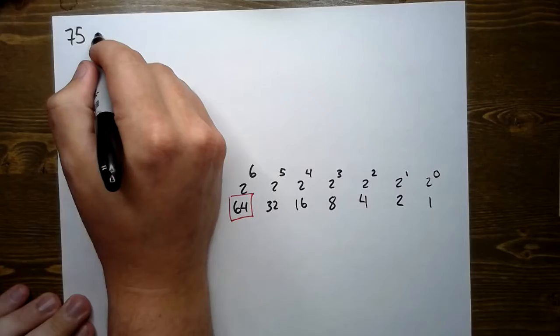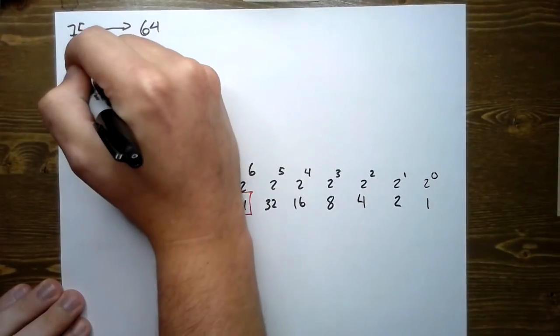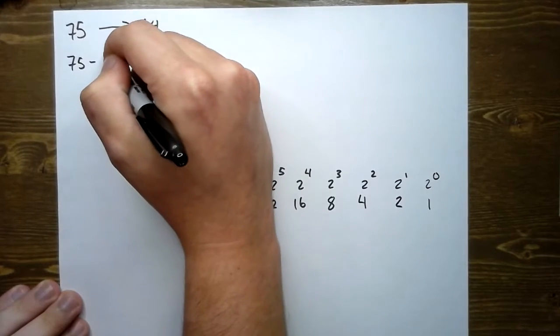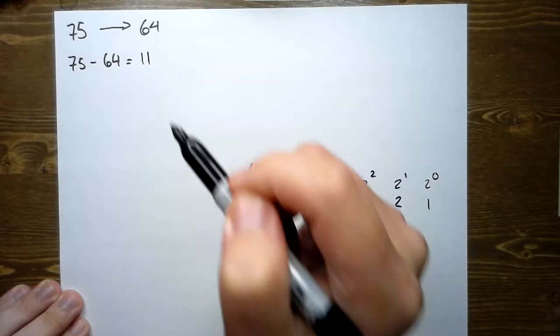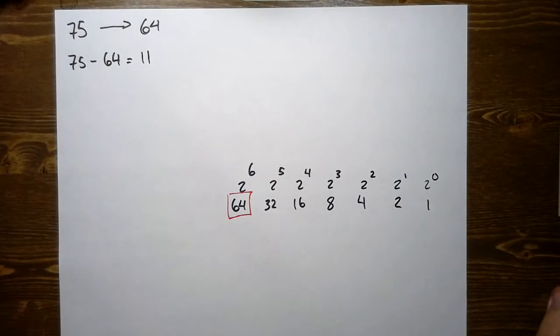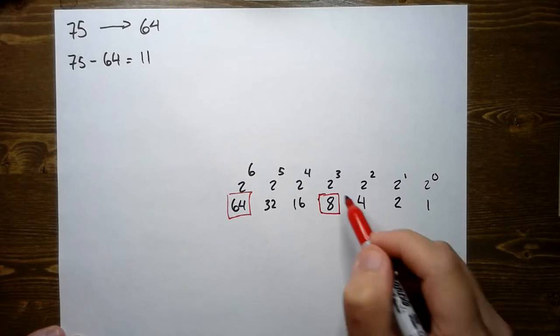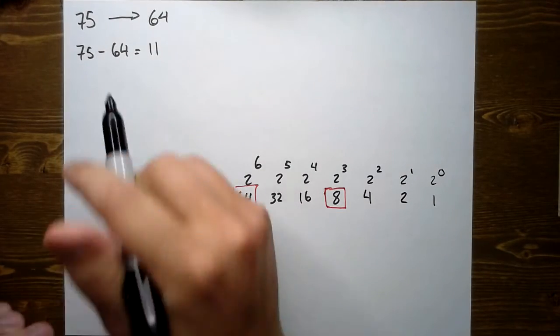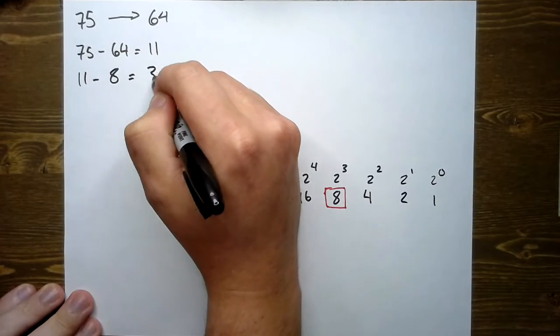So in this case, it would be 64. So we would take 64, and then we're going to take 75 minus 64, and you're left with 11. And the number that is closest to 11 but not over is 8. So then we take 11 minus 8, and that equals 3.